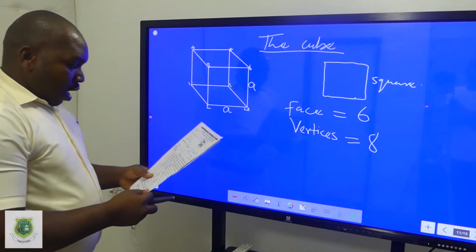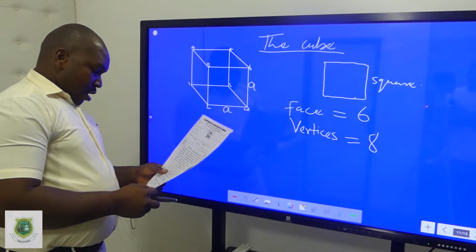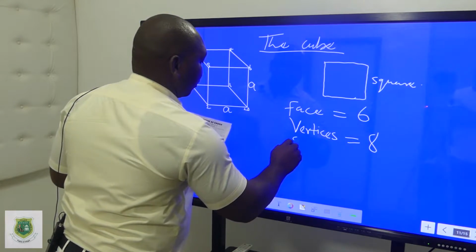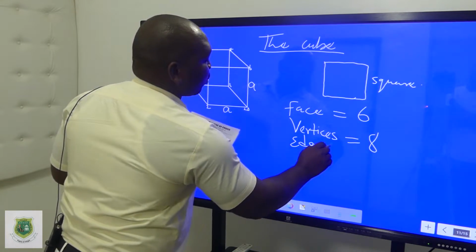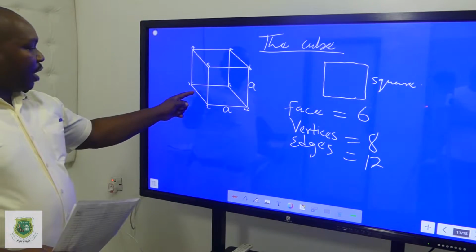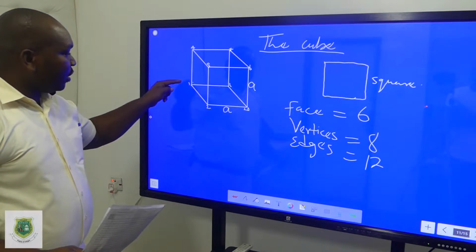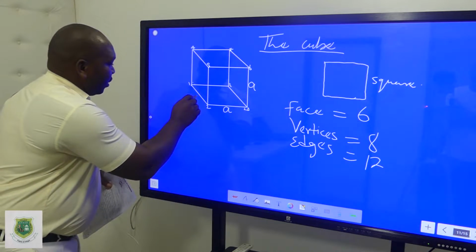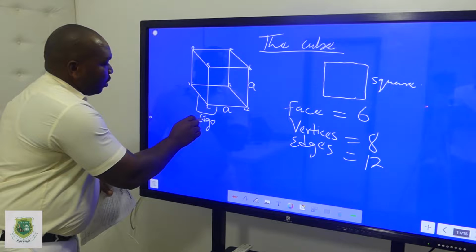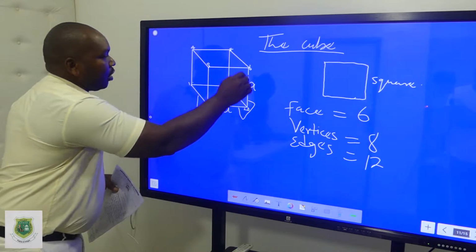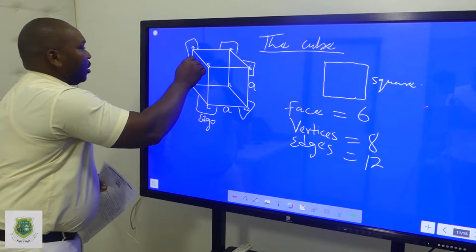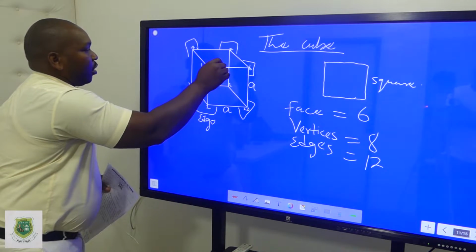Then, how many edges? It has 12 edges. If you count it, it has 12 edges. Remember, this is the edge.